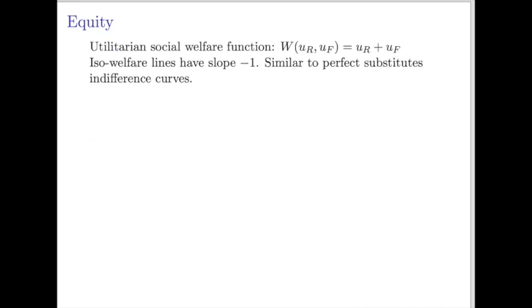So take, for example, the utilitarian social welfare function, then the ISO welfare curves are going to be lines of slope -1. So these are just like the perfect substitutes indifference curves, right?